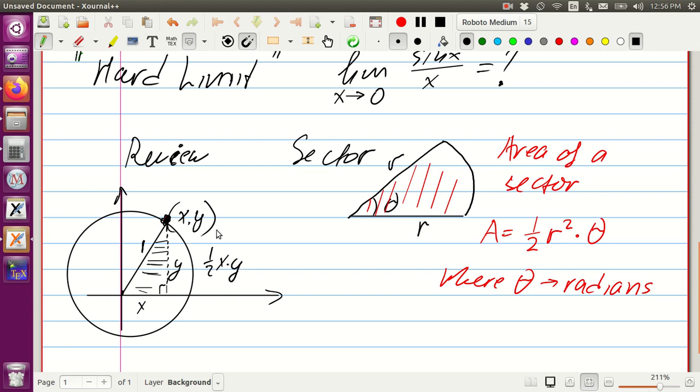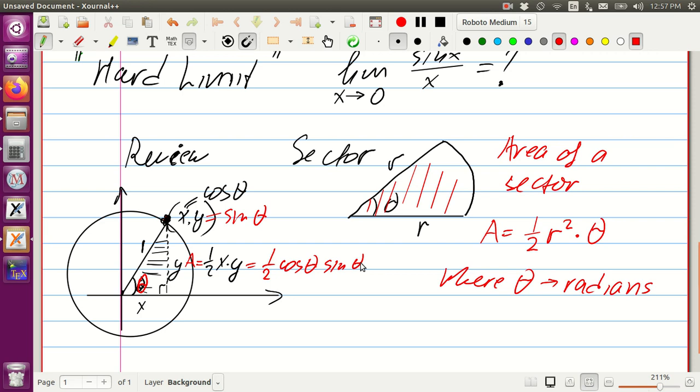But if you remember, for the unit circle, x is the same as cosine of theta, if this is angle theta, and y is sine of theta. So we can think of the area of this triangle as 1/2 cosine times sine of theta.